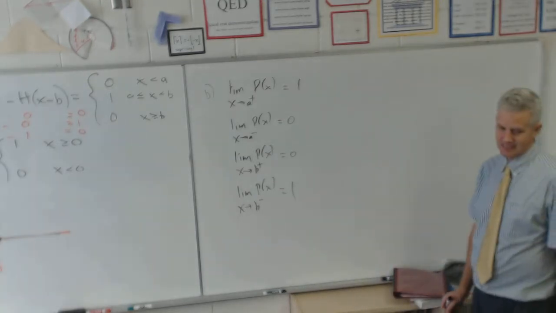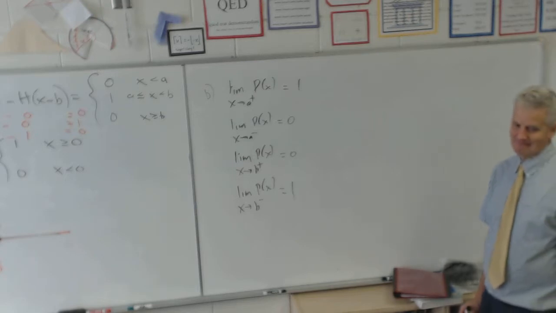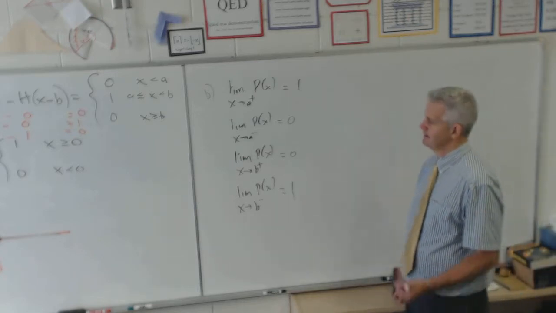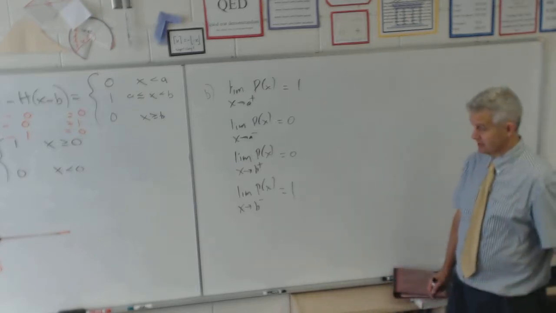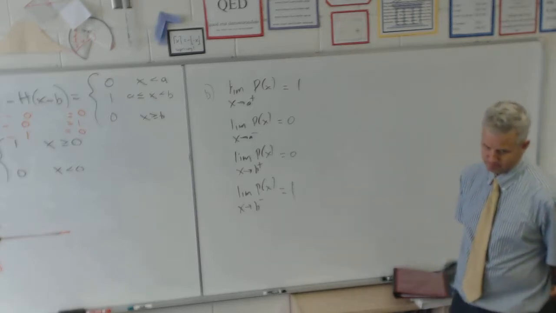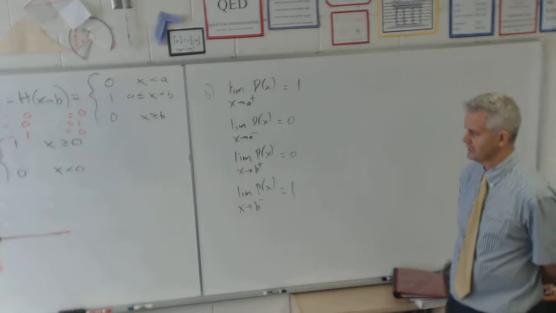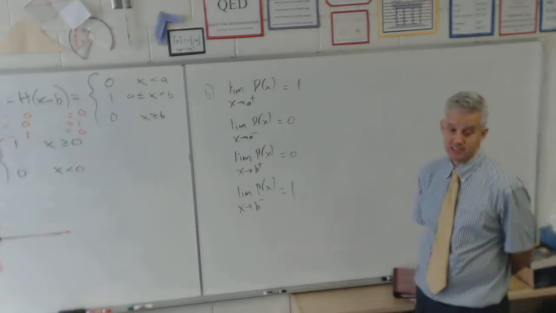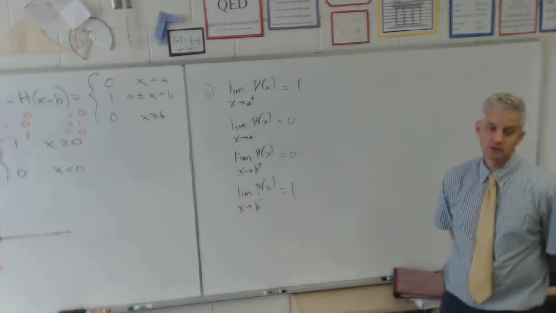Part C. This is the continuity of the pulse function. It's not continuous. Okay, it's not continuous at what spot? At points A and B. Not continuous at x is A and x is B, but it's continuous everywhere else. Yes.